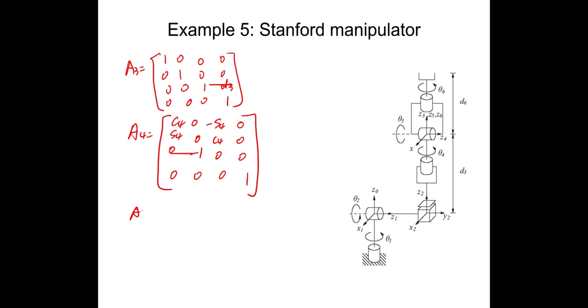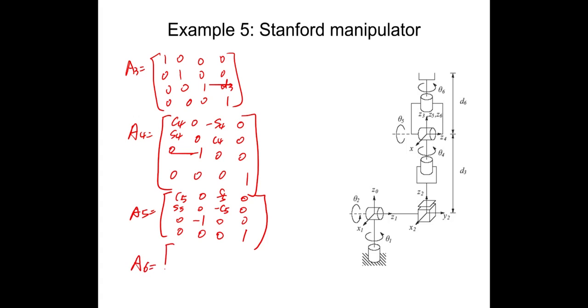And my A5 is C5, S5, 0, and we have 0, 0, negative 1, and S5, C5, 0, 0, 0, 0, 0, 0, 0, 1.